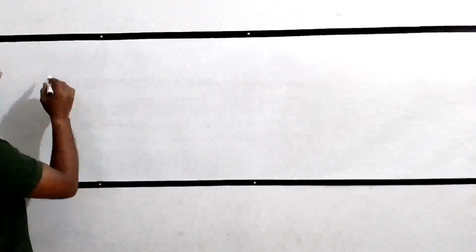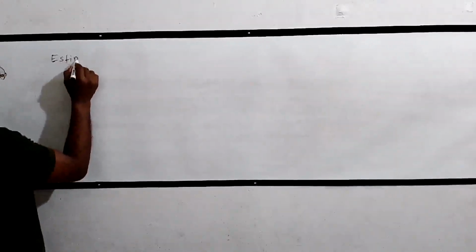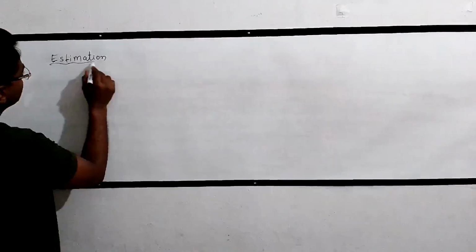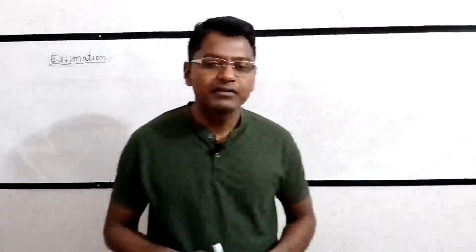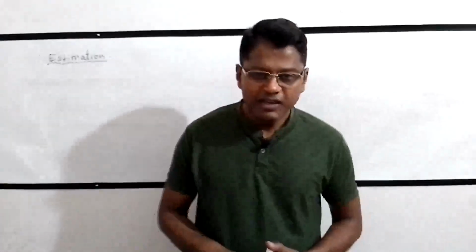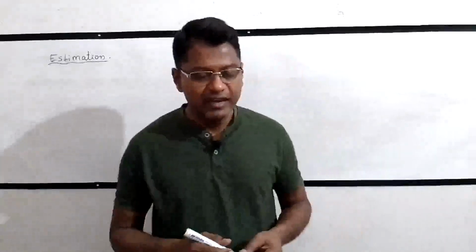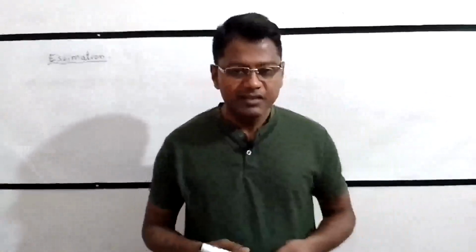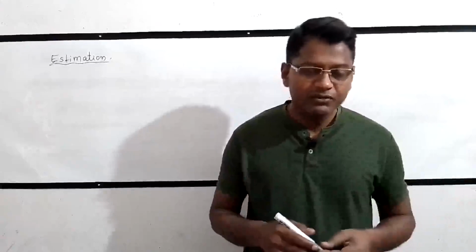So, estimation. What exactly is estimation? This is the point which you should know about. Estimation is nothing but approximation, approximating to a round number. Suppose any number is given, then we have to find the approximate round number.